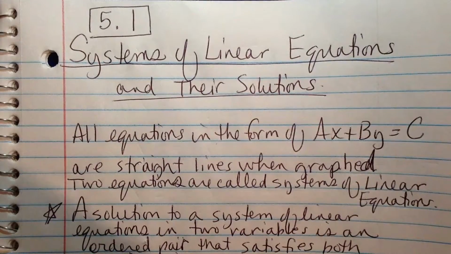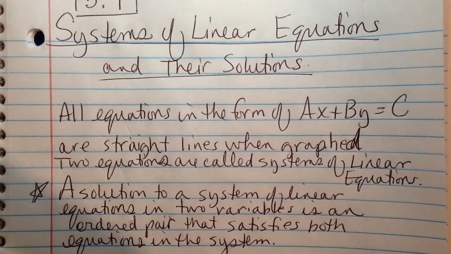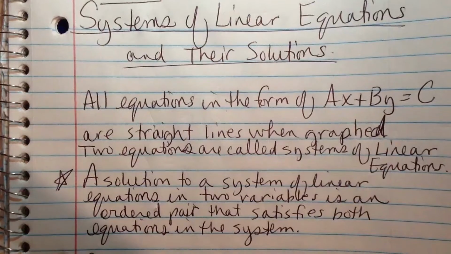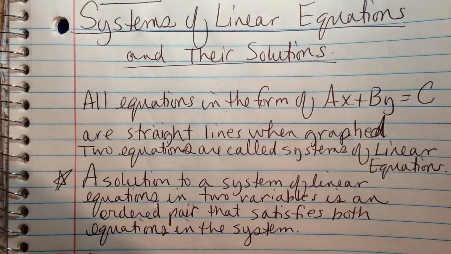In section 5.1, we're going to be learning about systems of linear equations and their solutions. All equations in the form of ax plus by equals c are straight lines when graphed.